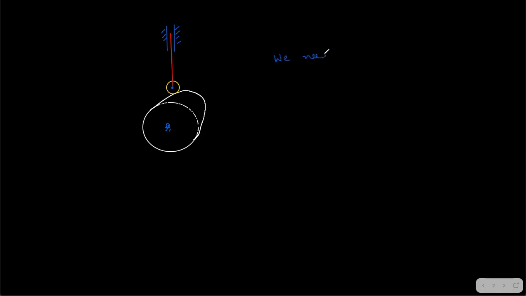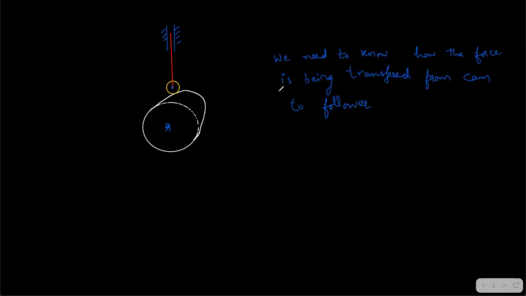We need to know how the force is being transferred from cam to follower. Okay, this is the statement. So how the force, see, without force the follower won't go up, right? Yes, it won't move up or down without force.